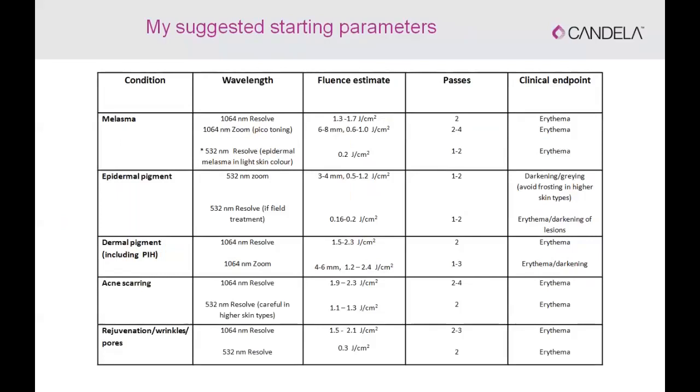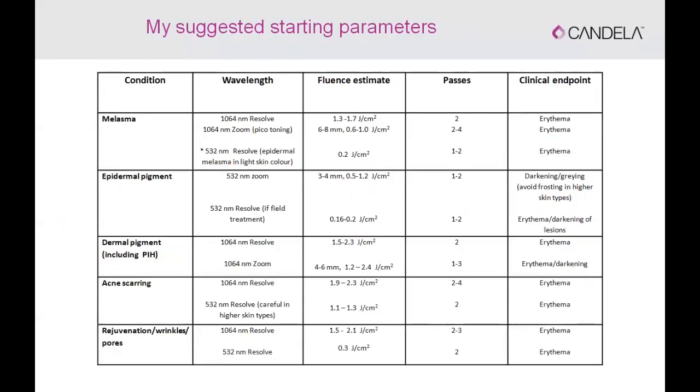For acne scarring and rejuvenation, you are purely in the Resolve fractional handpiece. So I like to start again with higher fluences for acne scarring, and then multiple passes, up to 4 passes.